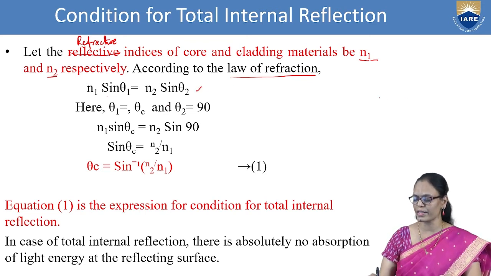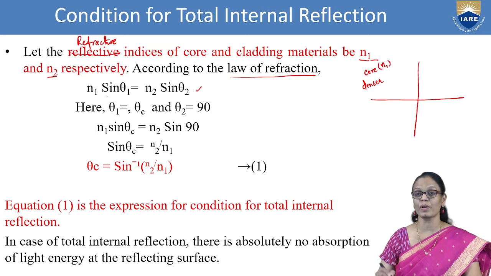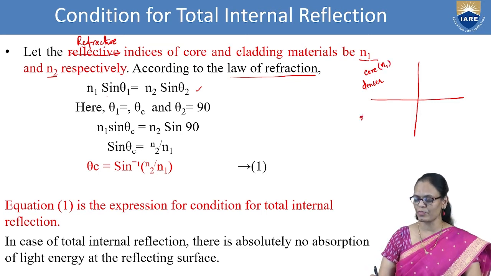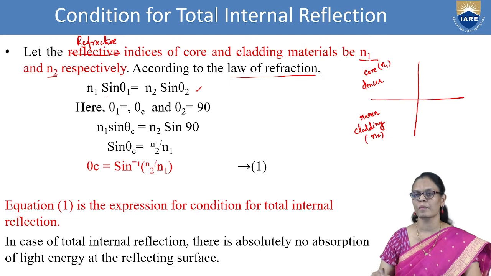So what we consider here is two different media. This is the denser medium, here we are calling it the core, whose refractive index is N1. It is coming from denser to rarer medium. This is the cladding, whose refractive index is N2.